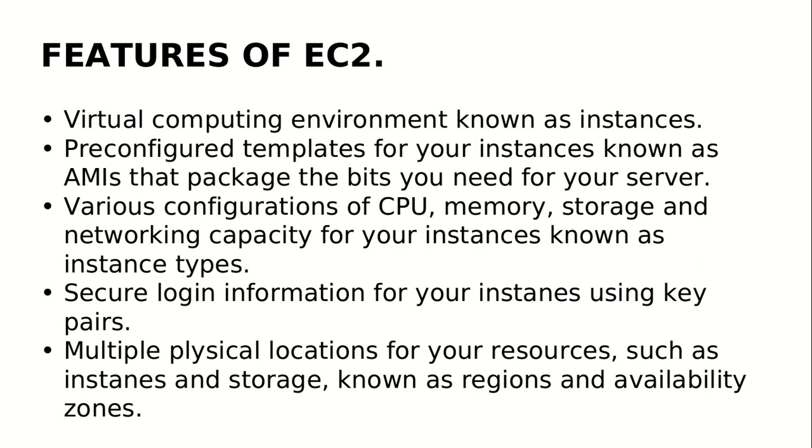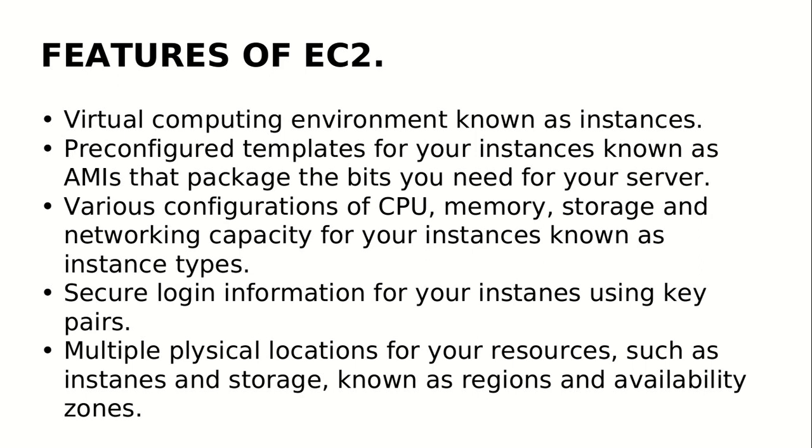So you have pre-written AMIs or pre-configured templates that you can choose to launch your servers. Various configurations of CPU, memory, storage, and networking capacity for your instances are known as instance types. So we have something known as instance types that has a variety of CPU configurations, memory, storage, and networking capacity that you can choose for your EC2 instances.